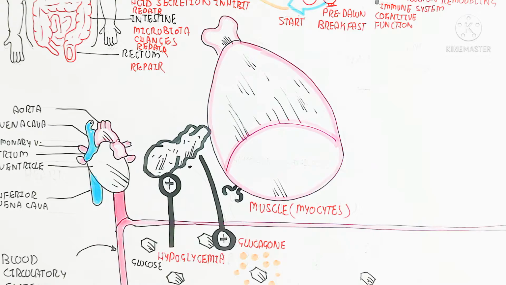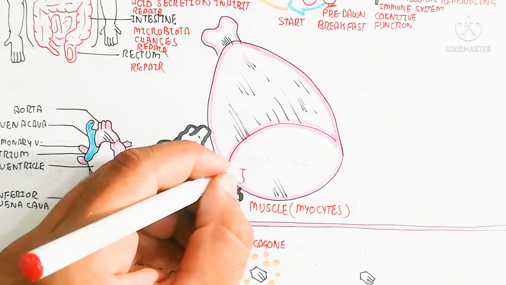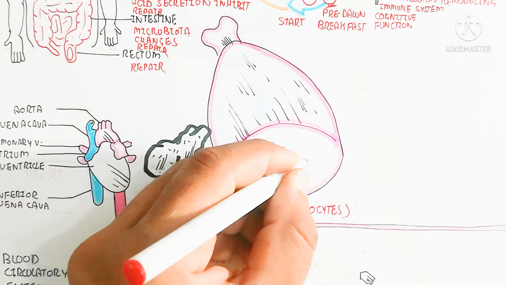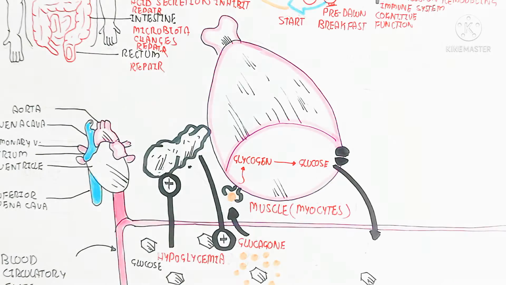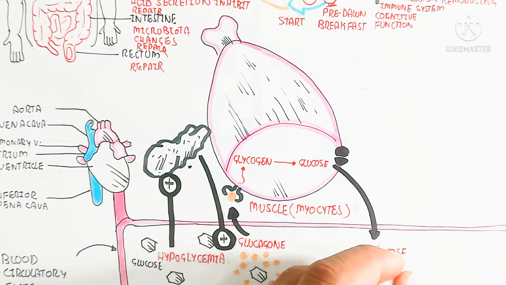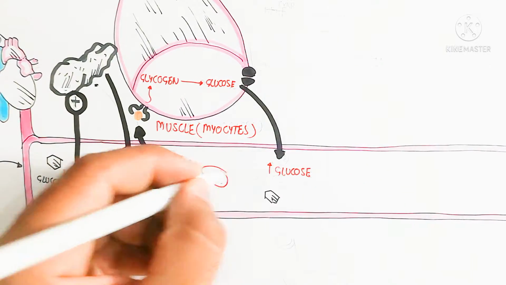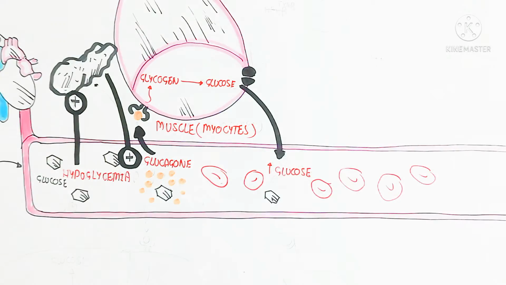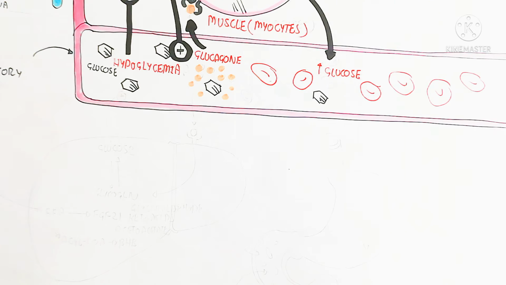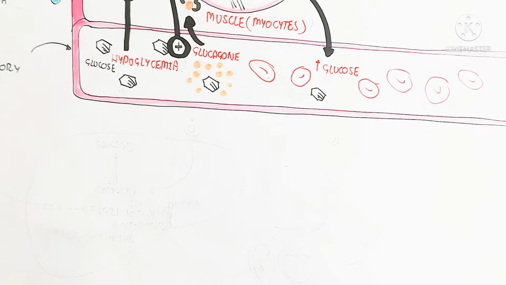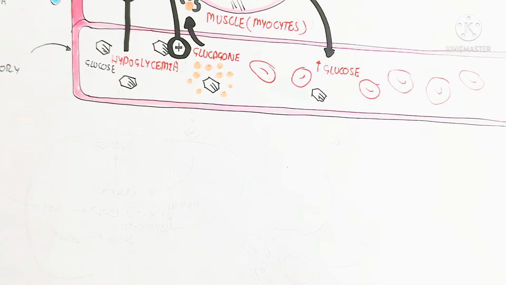The muscle myocytes contain a glucagon receptor or epinephrine binding site. Binding leads to a cascade of phosphorylation, and the glycogen phosphorylase enzyme is used to produce glucose. This glucose enters the blood circulatory system and increases, so the isoglycemic activity will occur.